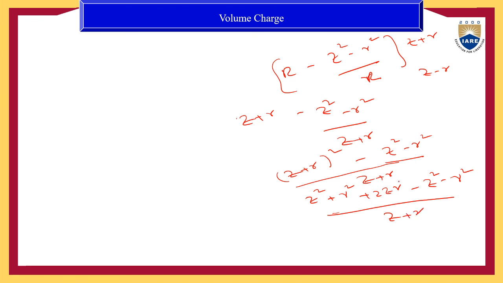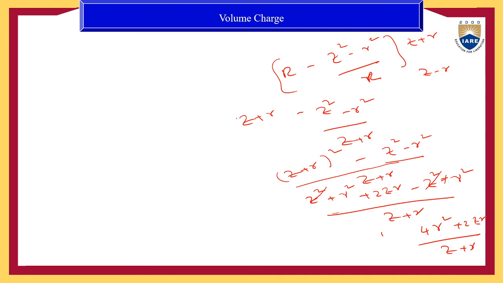So here minus it is a plus actually. Therefore, r square and z square cancel each other. Therefore, we have the expression 4r square plus 2zr by z plus r.